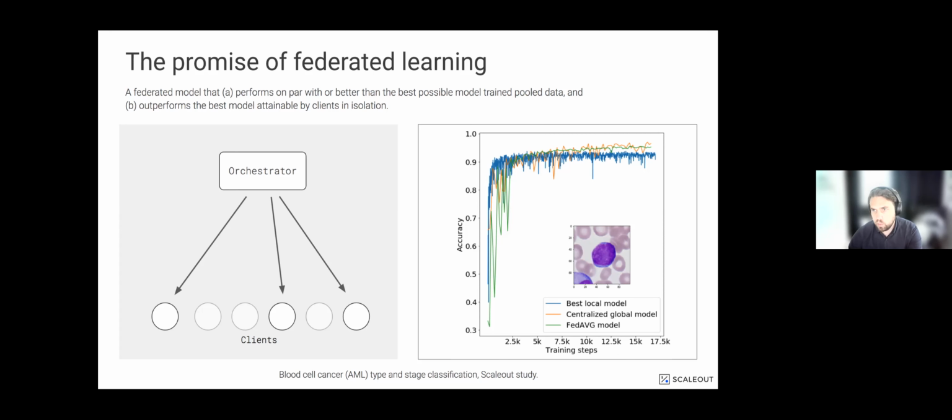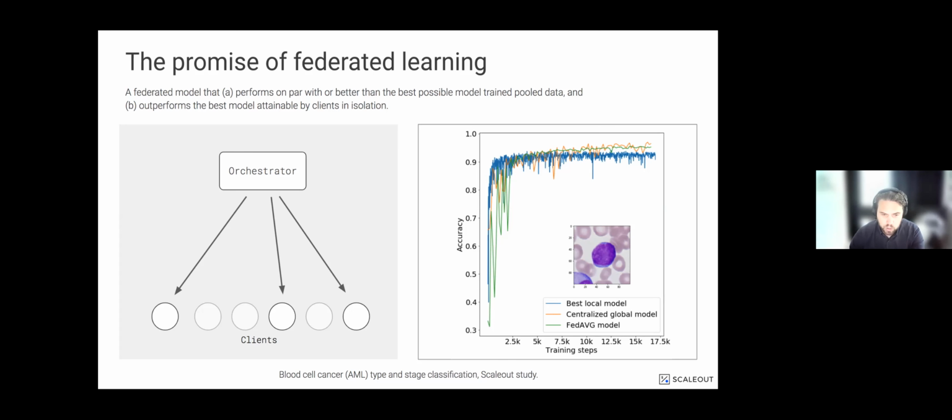And this is important. You don't have the pooled data, but if you did, we want federated learning to arrive at an accuracy or performance level, according to what you define there, on par with this pooled data. So in theoretical situations, it should be able to arrive at the same accuracy.